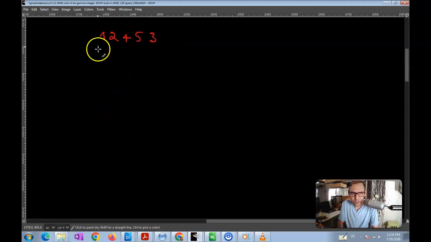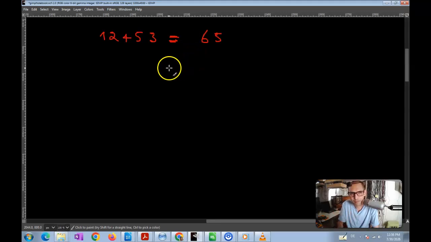Now this operation I can still do in my head. I know that I have 2 loose ones over here, 3 loose ones, so that's 5 loose ones together. And I have one group of 10 and 5 groups of 10, so that's 6 groups of 10. So 12 plus 53 would be a 65.